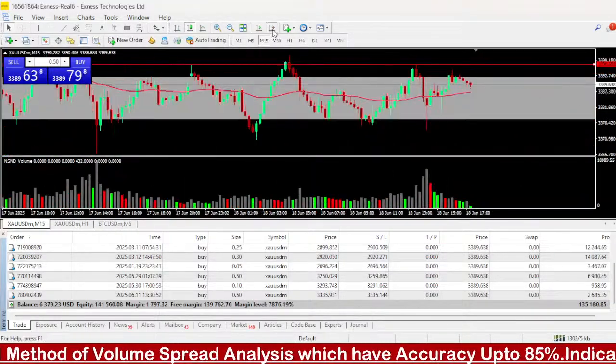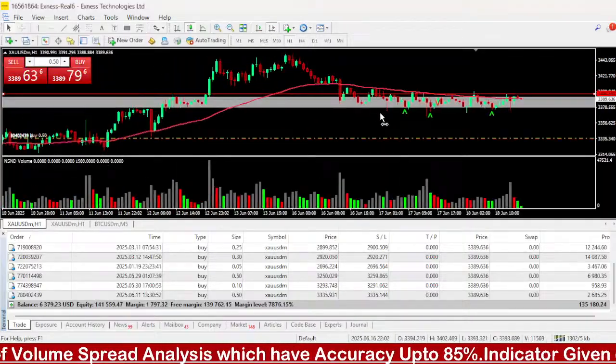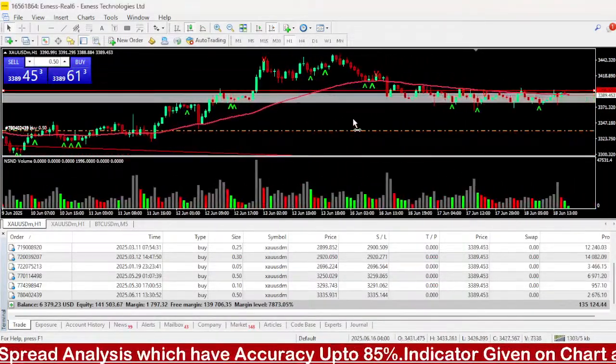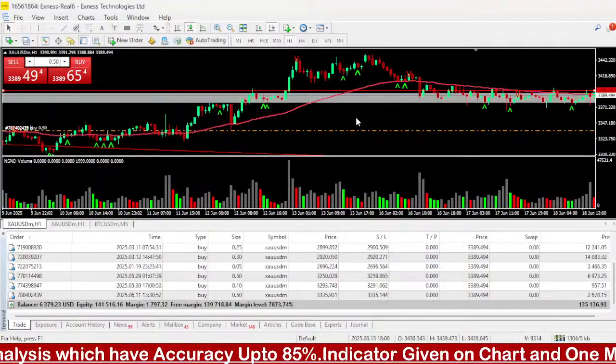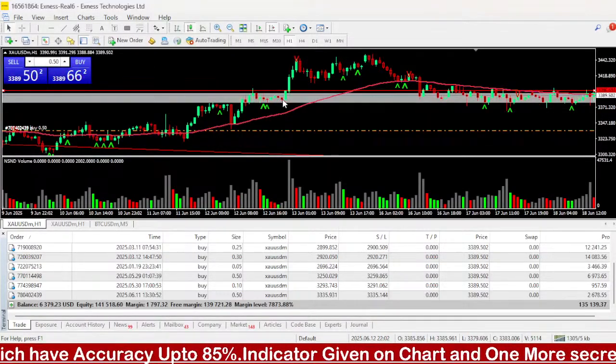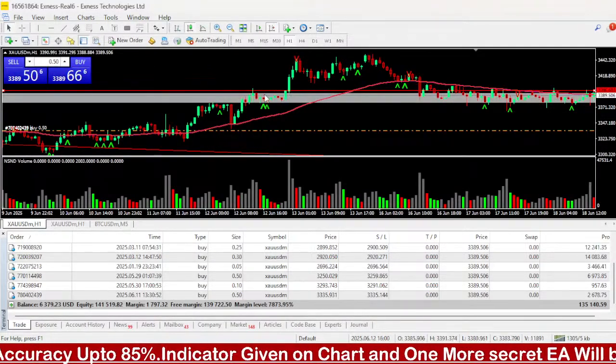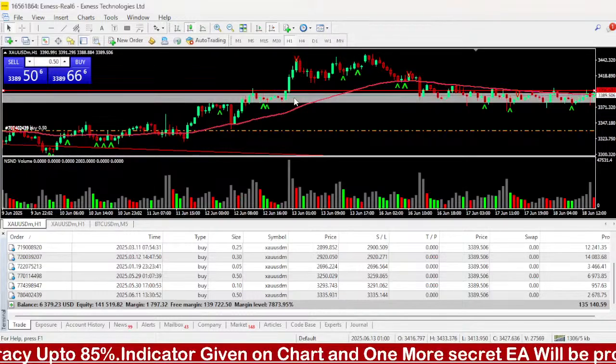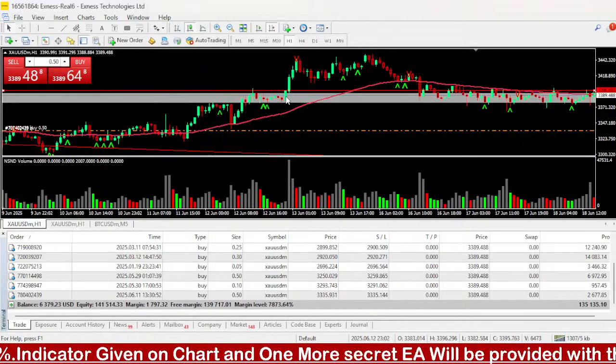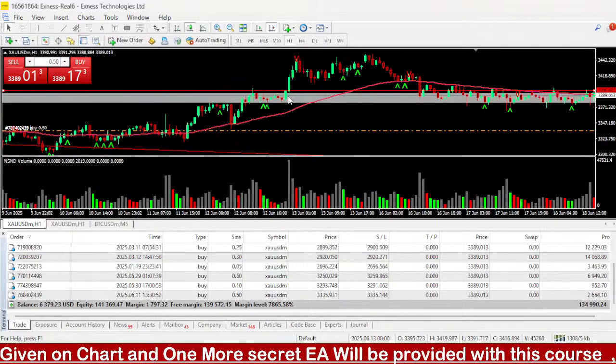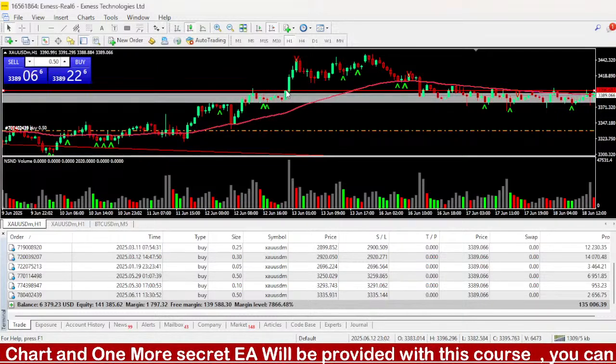So the simple definition of supply and demand is that when price moves suddenly from any level, it creates some demand area.